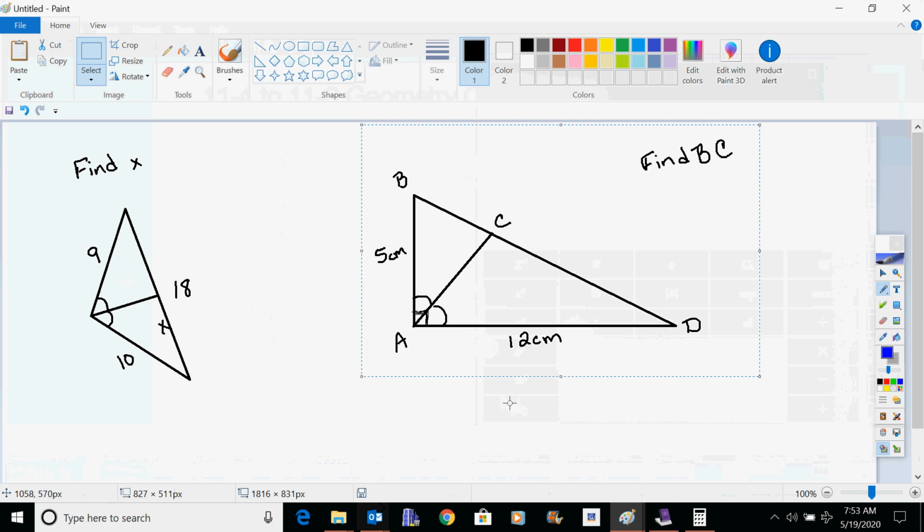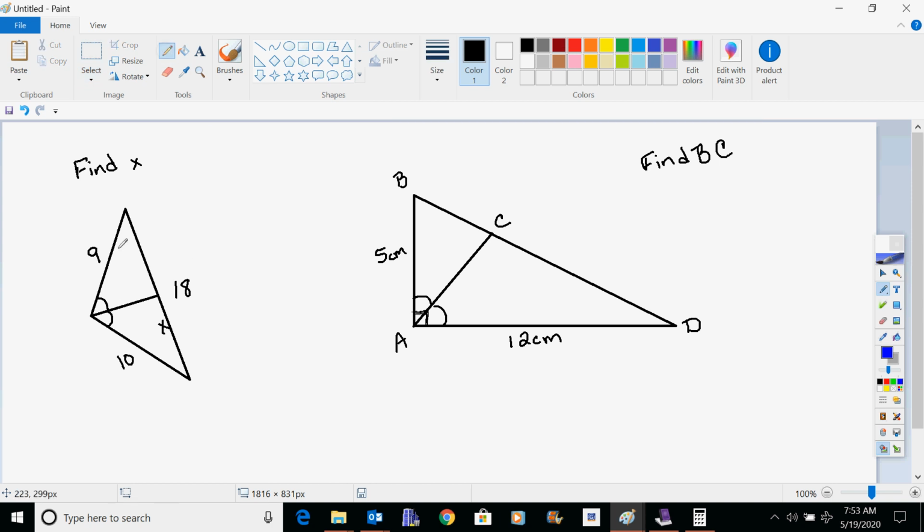Here we have the ideas where you've got the bisector, and remember the angle bisector divides it up into proportional pieces that go like this. So once again, proportional pieces, 10 goes with x like 9 goes with whatever this is.